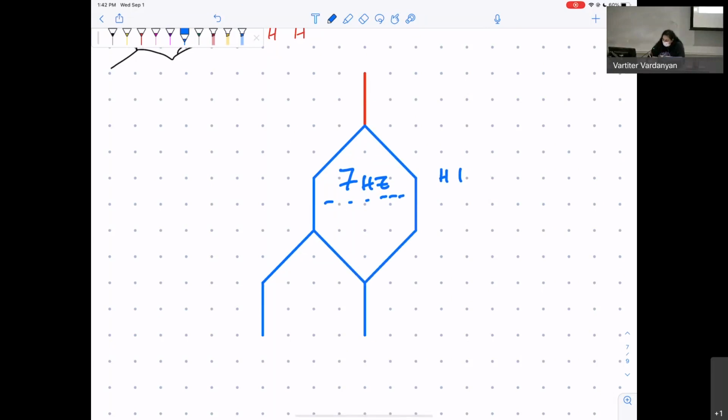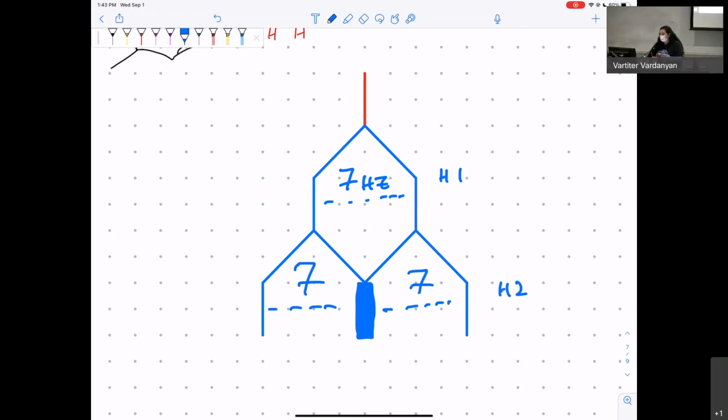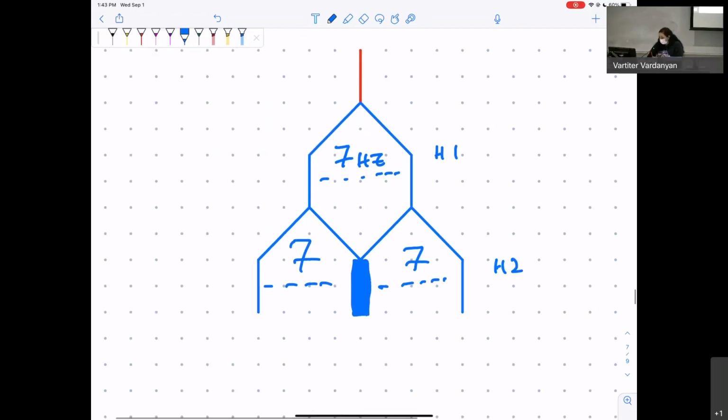But look at that. We have some overlap. The place that has overlap, I'm going to make extra thick. Again, this value is 7, this value is 7, and this was H2. Now H3 is going to do the exact same thing over again.